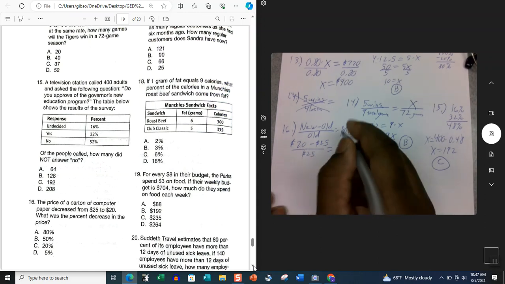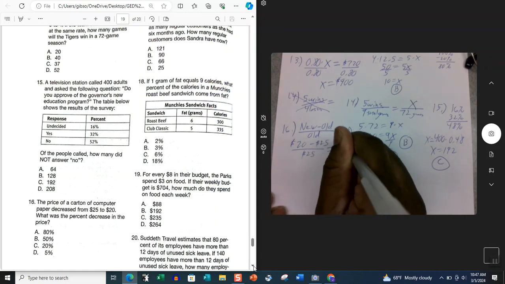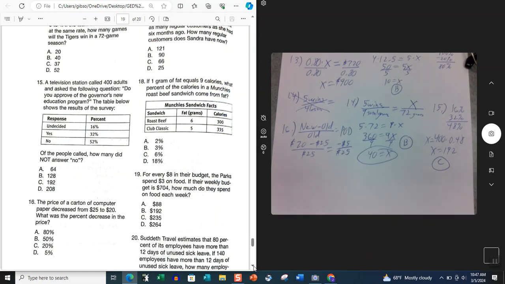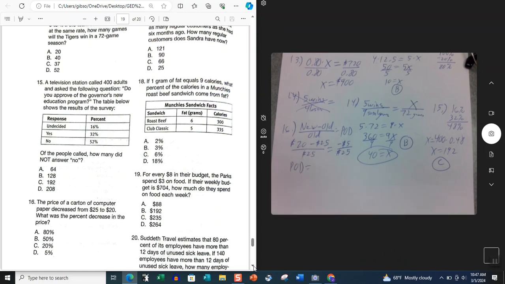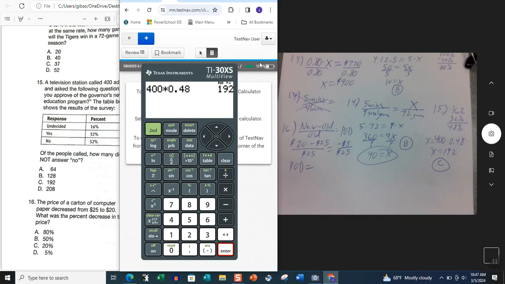So 20 minus 25, we would know would be a negative $5 over $25. Now remember, I told you all, because we are using percent of decrease, we would not write the negative number for our answer. So we'll pull up this calculator, and let's make this into a fraction.